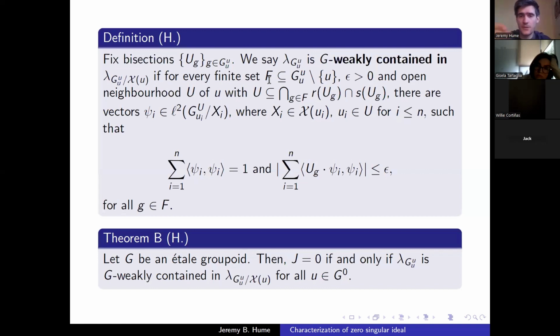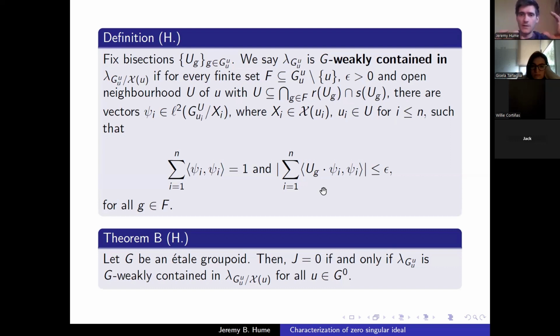But what changes is that you allow yourself to choose vectors inside tubular neighborhoods of the isotropy, and you have the same conditions. If you want to translate these vectors by the group elements, and these vectors are not in the isotropy, then you have to define what you mean by a translate of the group element.